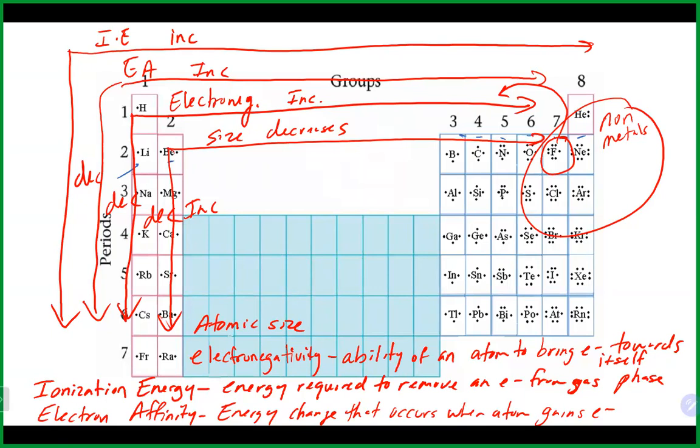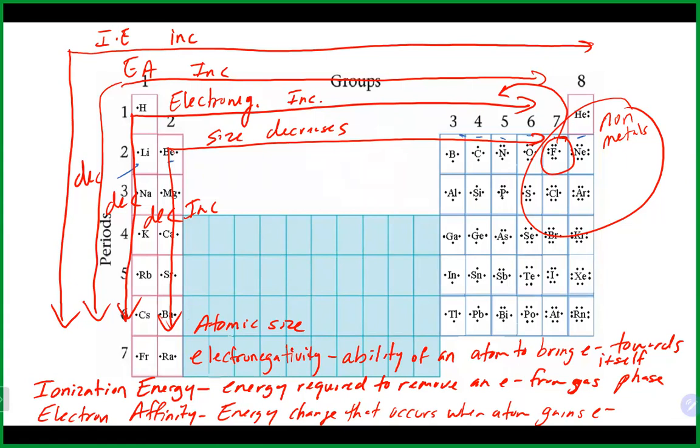That means they're going to be held a lot tighter, which means they have very high ionization energy. It takes a lot of energy to remove electrons, so it doesn't usually happen. They also have high electron affinity, which means they like to gain electrons. And they have high electronegativity, which means in addition to gaining electrons, they want to bring as many electrons towards themselves as possible.